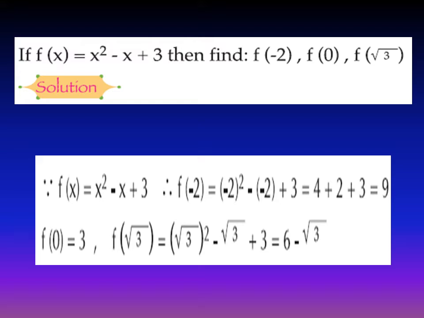Then f(-2) = (-2)^2 - (-2) + 3 equals 9. And f(0) equals 3. Similarly, f(root 3) equals 6 - root 3.